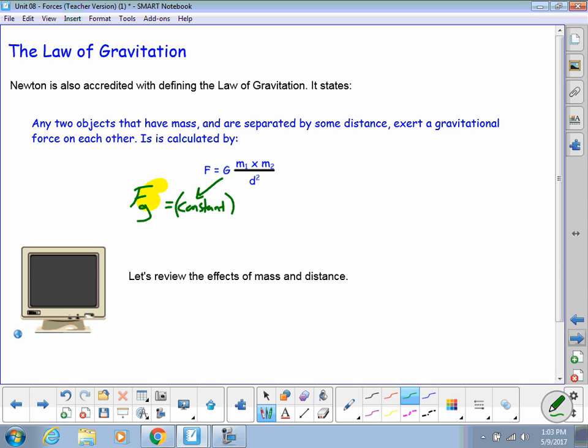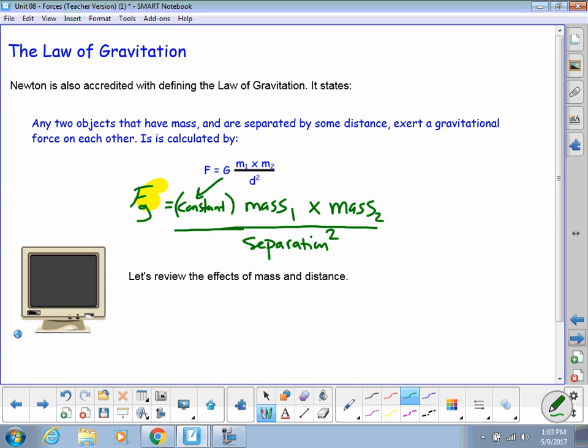Again, a constant is like pi. It's just some number that we multiply by. We have first object's mass multiplied by the second object's mass. And that's all being divided by the separation squared.